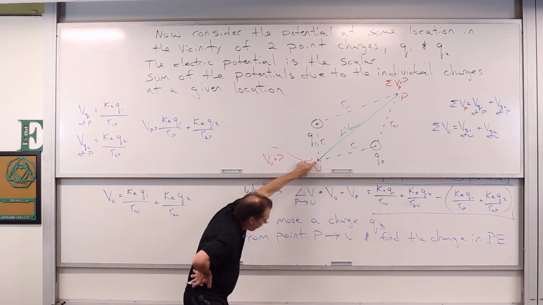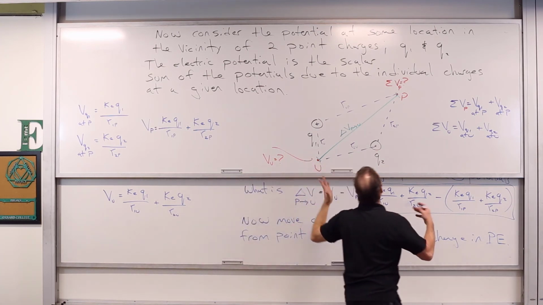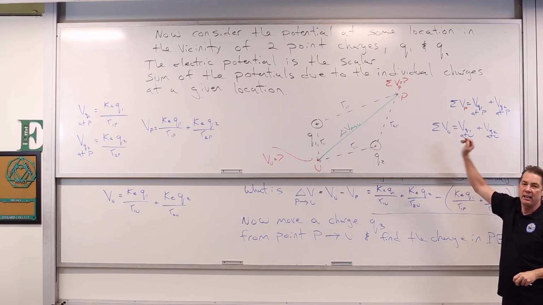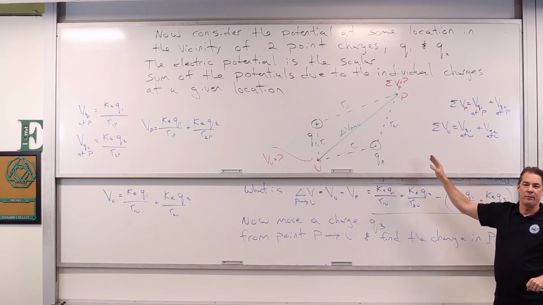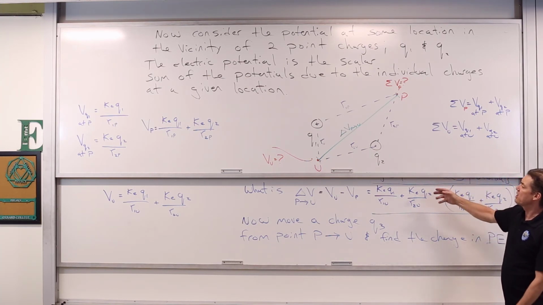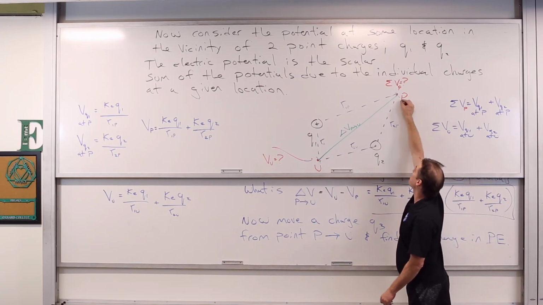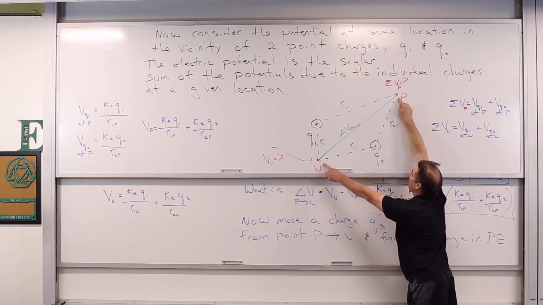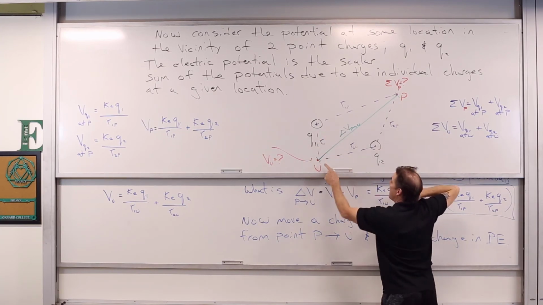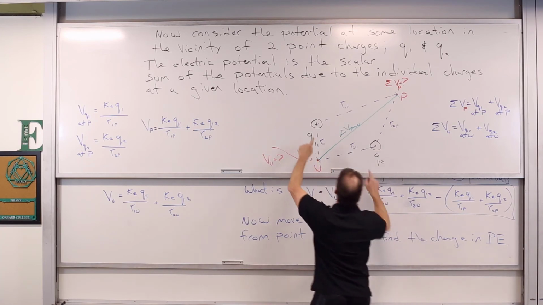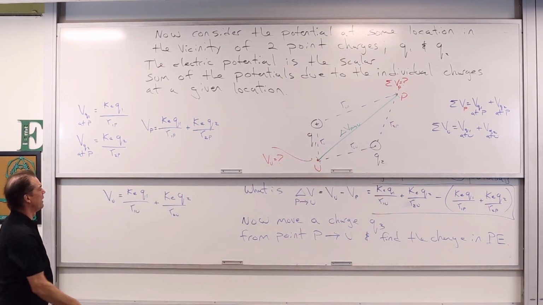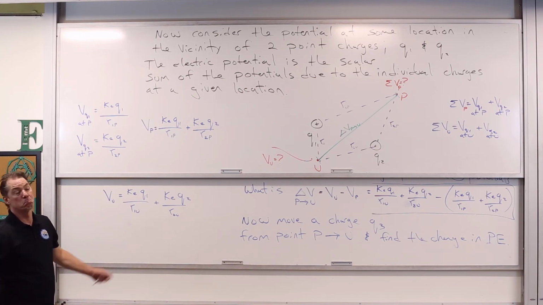So ultimately, what that's telling us is we don't need to consider how Q3 may be changing the potential in the vicinity of itself, because we're only concerned about the change of potential energy that occurs in moving that charge from this point to this point, where the potential at this point when Q3 is there is just due to Q1 and Q2, and the potential at this point when Q3 is there is just due to Q1 and Q2. So Q3 ends up being irrelevant in terms of the potential that it produces.